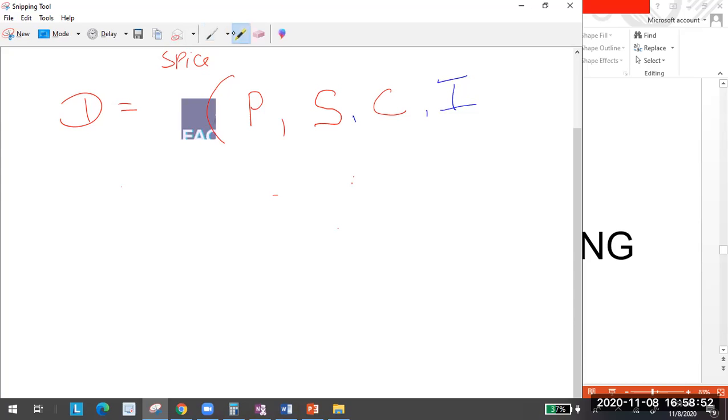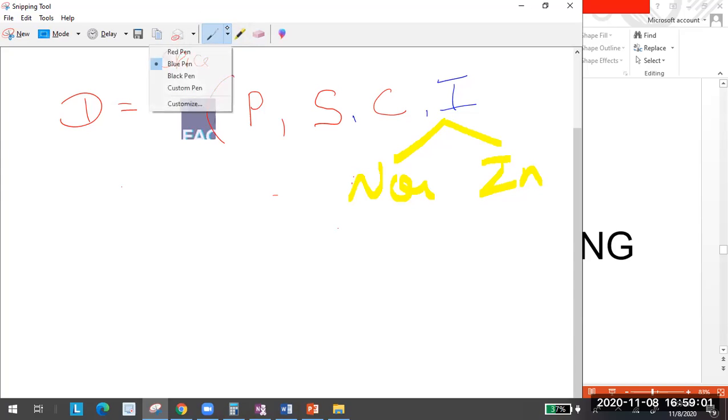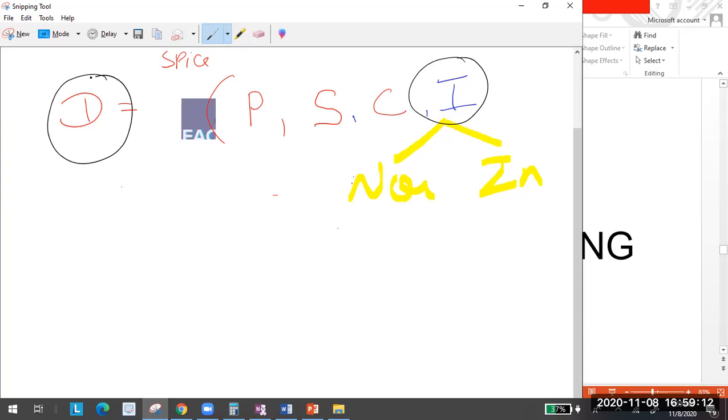And what about income? On income, we have two categories. Do you remember? Normal goods and inferior goods, right? Now you have to explain the relationship between income and demand.